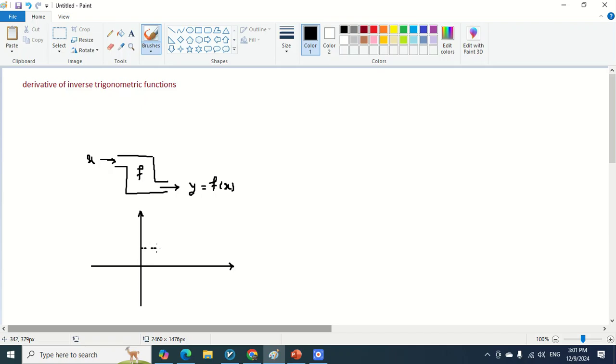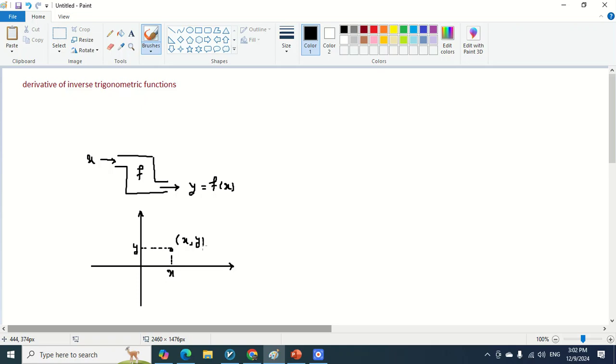For example, over here, if the x and y are given, this is the value of x and this is the value of y, and for this x and y we have a point, so we can assign a point with the components of x and y. This is the meaning of the function.